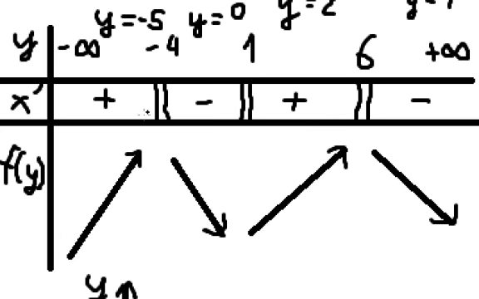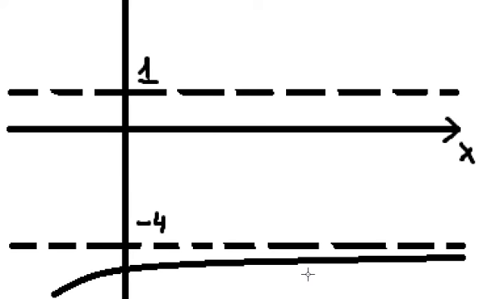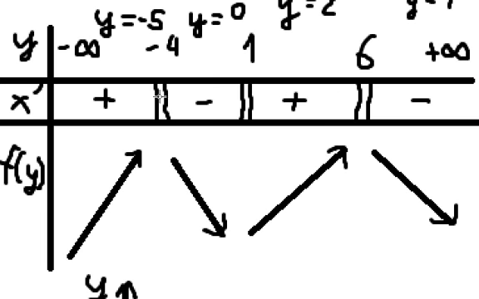For negative 4, that's increasing, so from here it will go like this, because they increase over there. The next one, from negative 4 to positive 1, will go decreasing. So they should be from here to here.